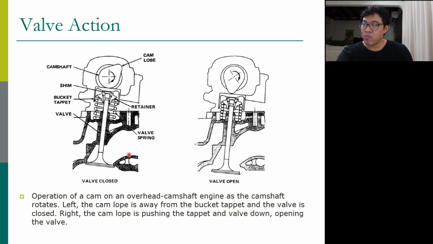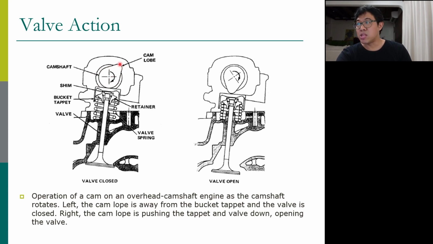When we want to open the valve, we have to push the valve down against the spring, against the force of the spring. So we have this cam lobe on a camshaft. This cam lobe is not a circle, right? It has a shape like that.